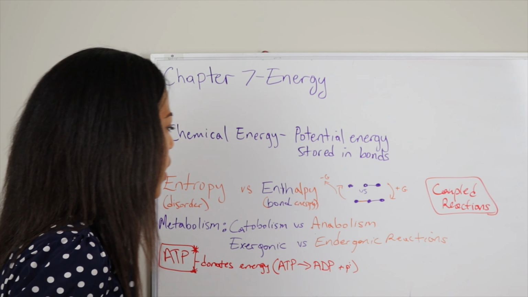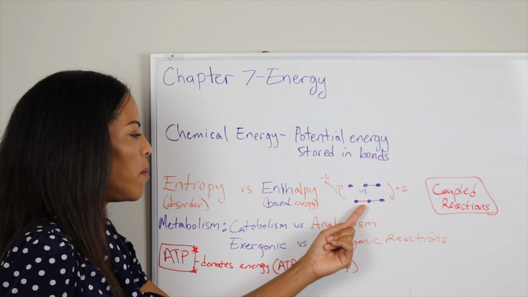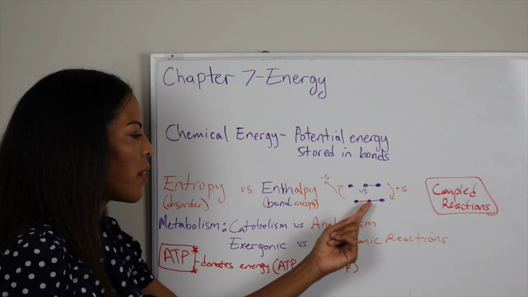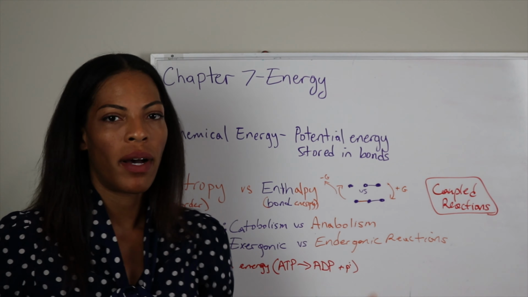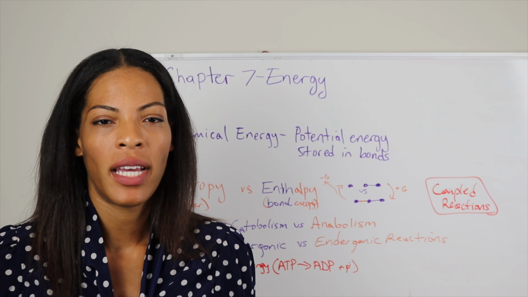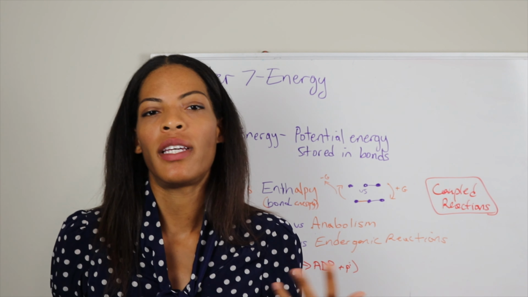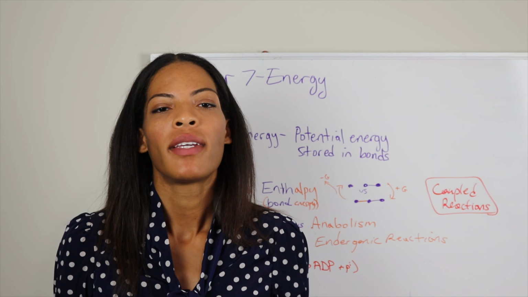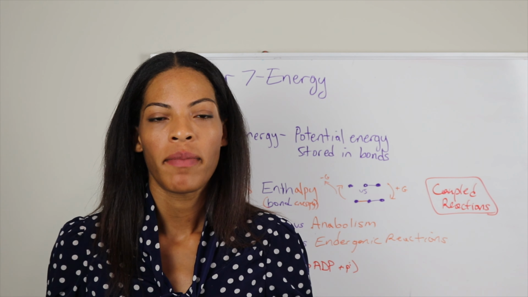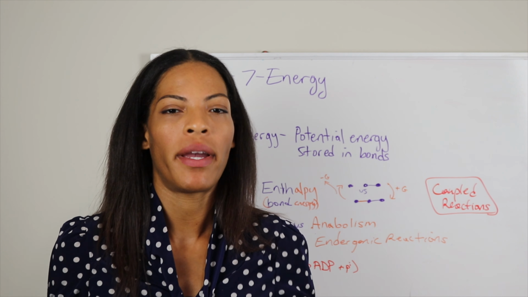Okay? Now, when it comes to the molecule actually being held together by bonds, the more bonds that are present within a molecule, the higher the potential energy that molecule has. And potential energy, just think of it as the possibility for something to happen. And when you think of bonds, think of them as the possibility to break a bond.